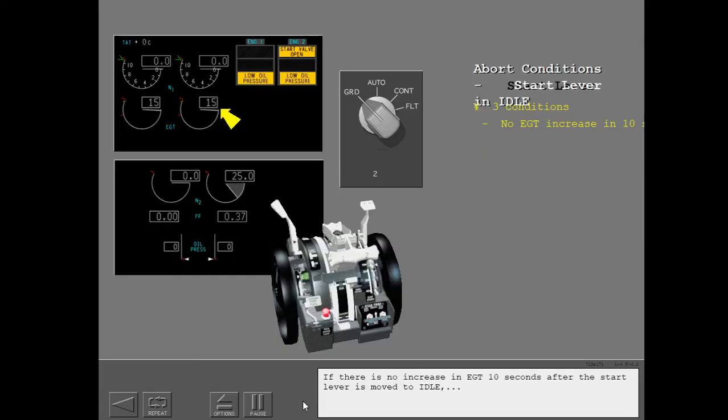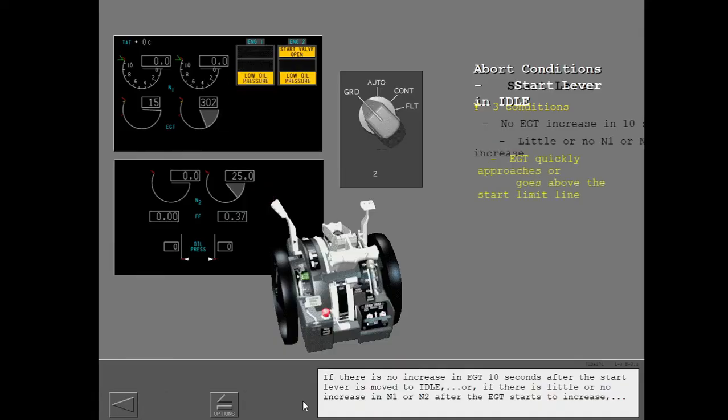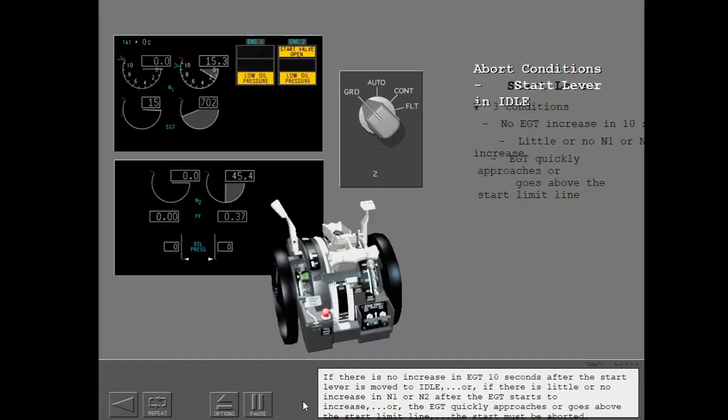If there is no increase in EGT 10 seconds after the start lever is moved to idle, or if there is little or no increase in N1 or N2 after the EGT starts to increase, or the EGT quickly approaches or goes above the start limit line, the start must be aborted.